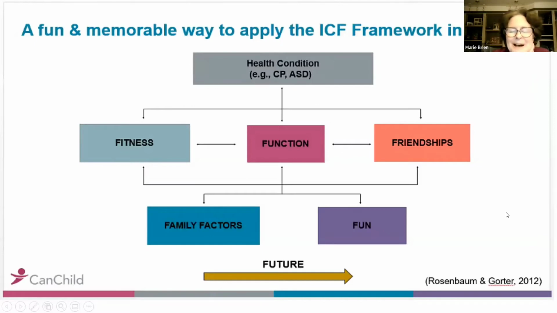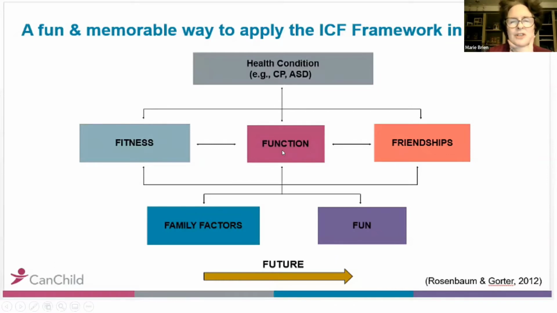The domains have been replaced by the F words. We see here fitness has replaced body structure and function, because this may be represented by fitness, strength, balance, range of motion, cardiovascular endurance, and so on. So we have fitness in that box on the left.